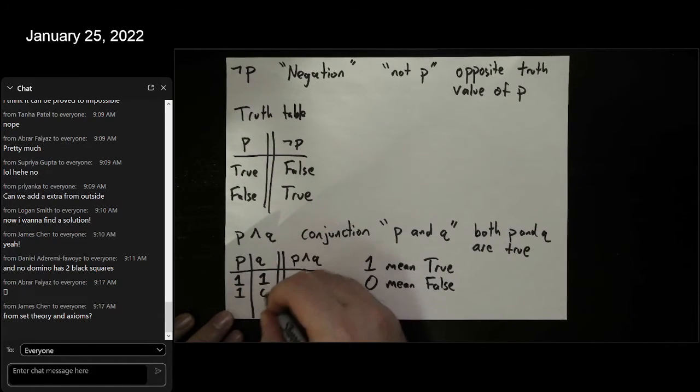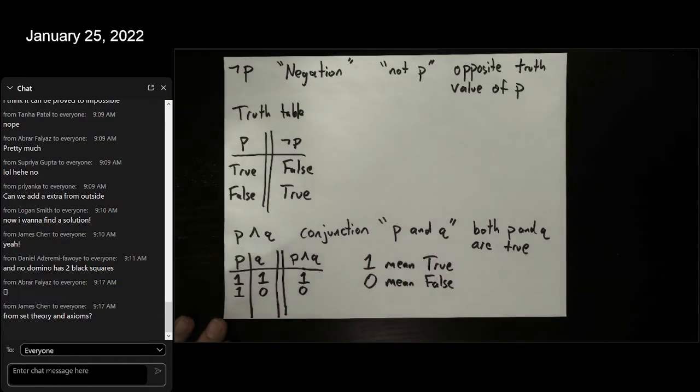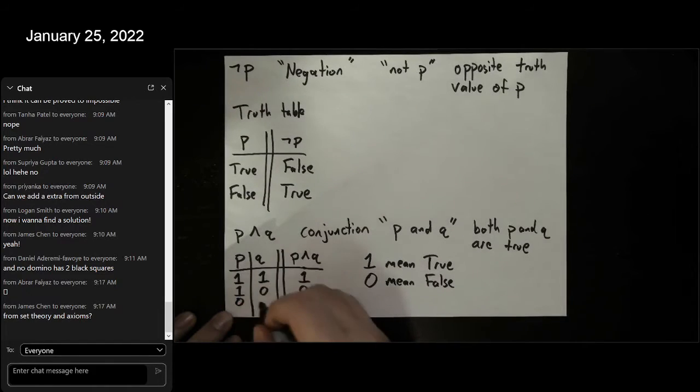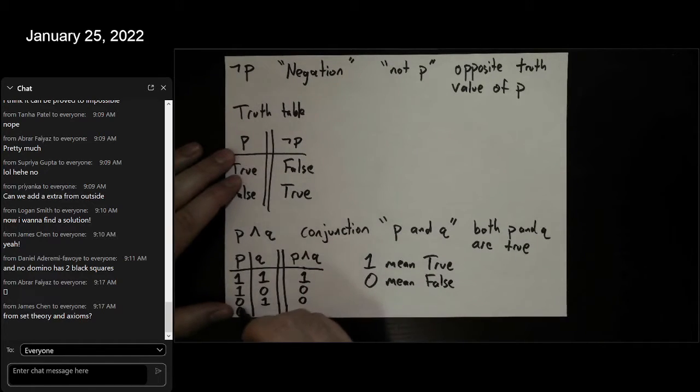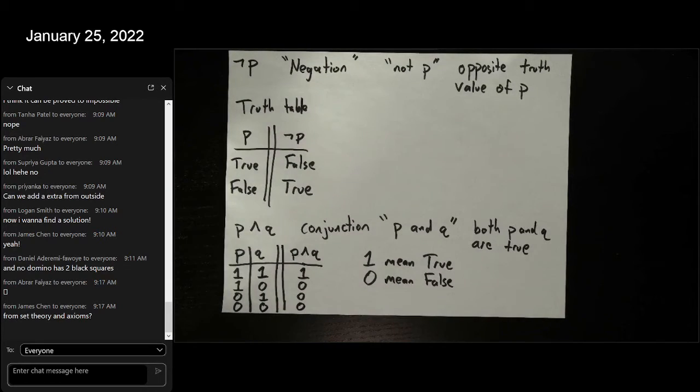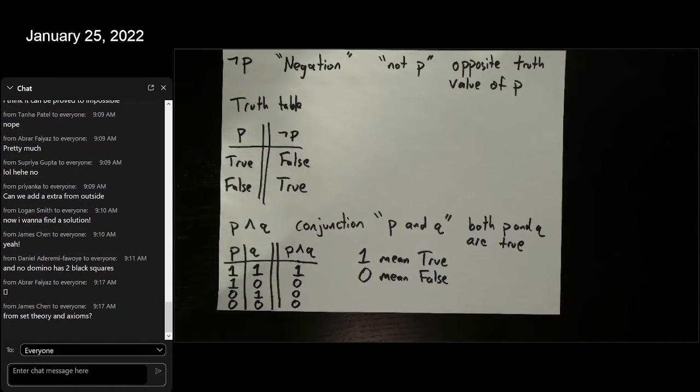But if P is true and Q is false, P and Q is false. If P is false and Q is true, P and Q is false. And if P is false and Q is false, then P and Q is also false. So I filled in a truth table for P and Q.